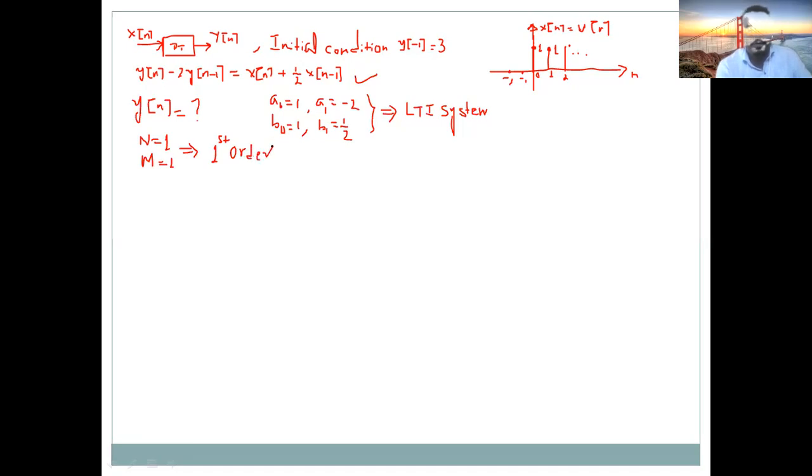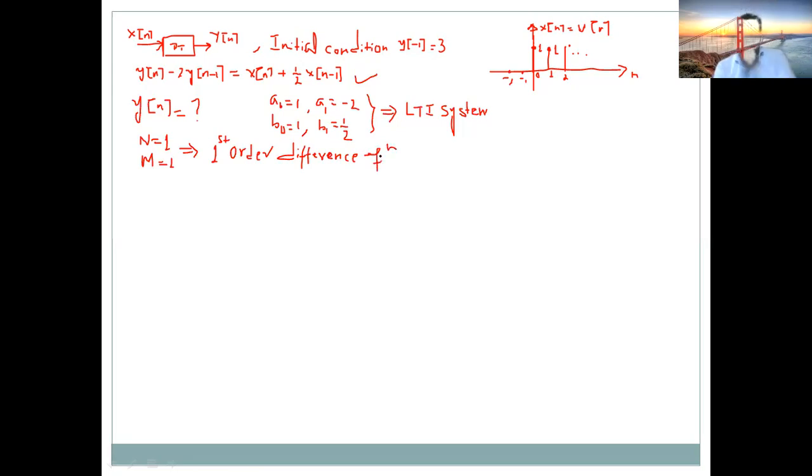It's also causal because n is greater than or equal to m. Not differential, but we call it a difference equation, first order in this case.